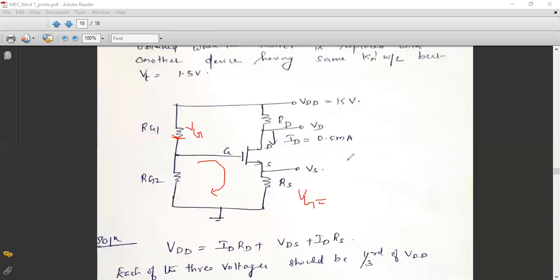Raksha Chandra, Soumya. Yes, somebody has written. Yes, correct, Banu Prakash. Others, please respond. Soumya, you tell me how you will write VG. How can you write the equation for VG? This is VG. Apply KVL to this loop.